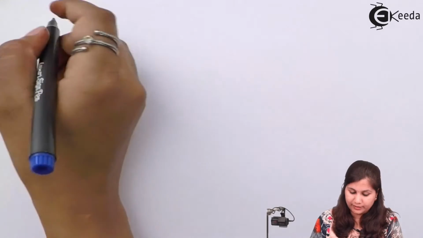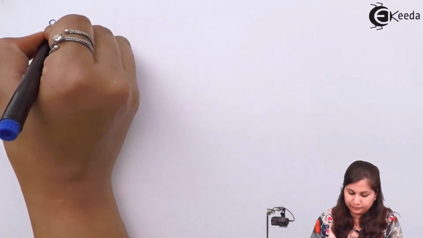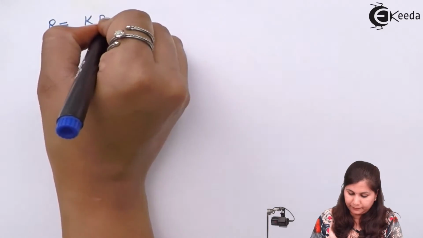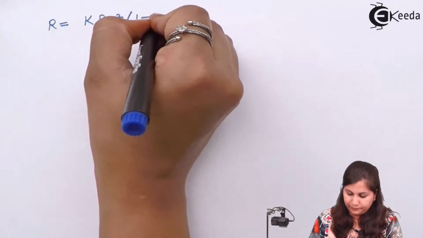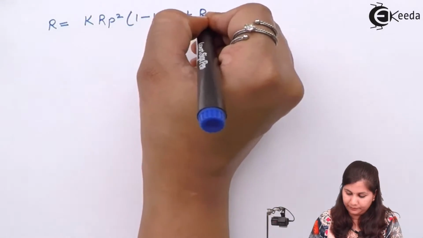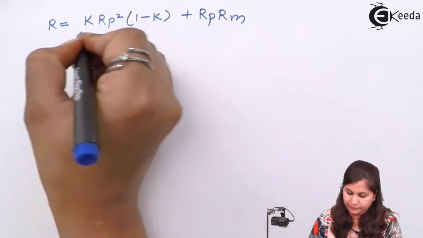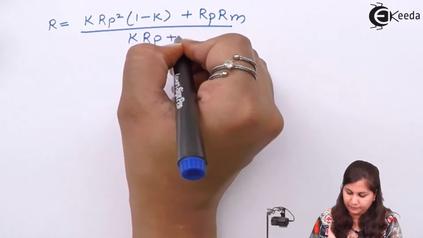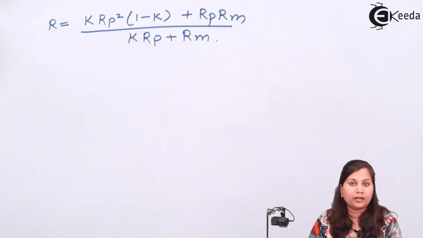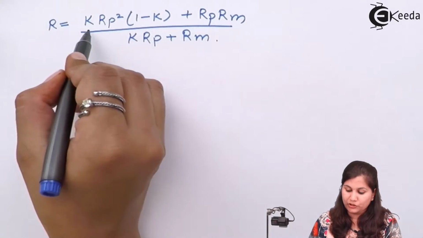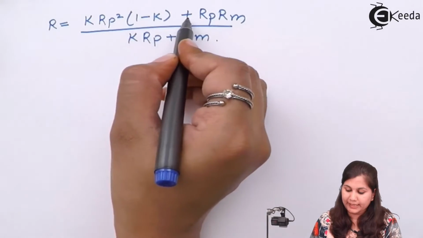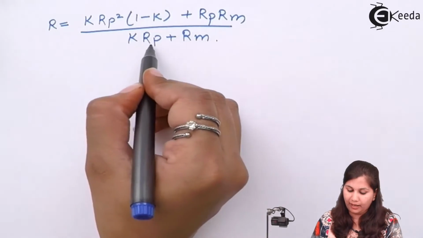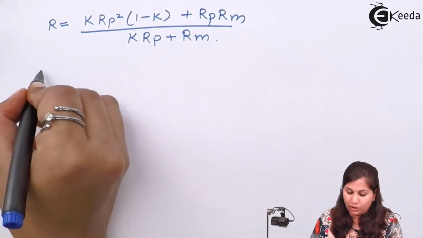Now solving this, we will get the equation K Rp square (1 minus K) plus Rp Rm upon K Rp plus Rm.